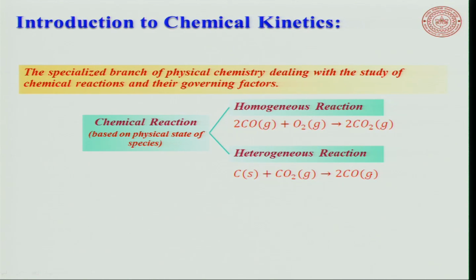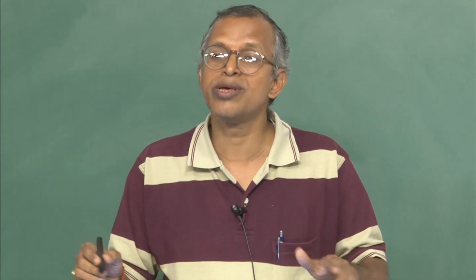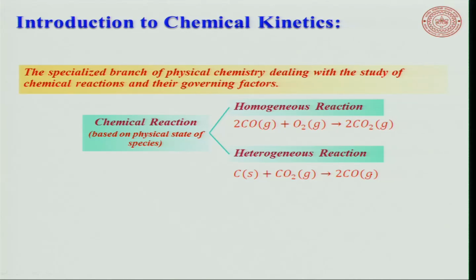So, this is based on the physical state: if all the participating species in a reaction are gaseous, it is homogeneous, but if one of them is in a different physical state like solid or liquid, then we call it a heterogeneous reaction. But if all are in the same phase, we call it a homogeneous reaction.